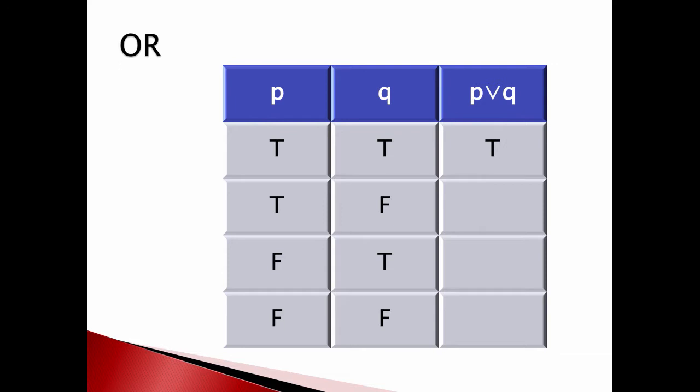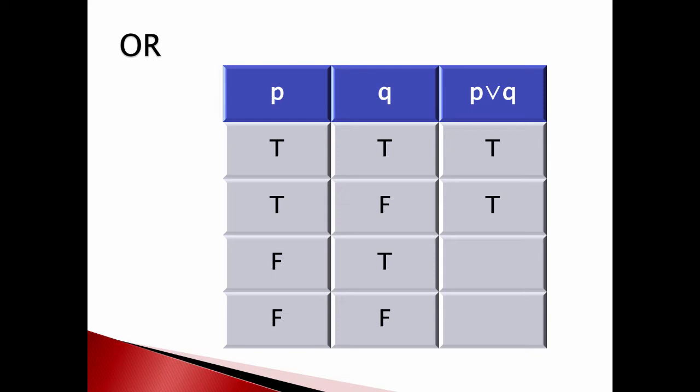What if you have a true statement or a false statement? Well, or just requires that one of the two be true. That's the nature of an or: one or the other. So if P is true and Q is false, then P or Q is still true, because at least the P was true.